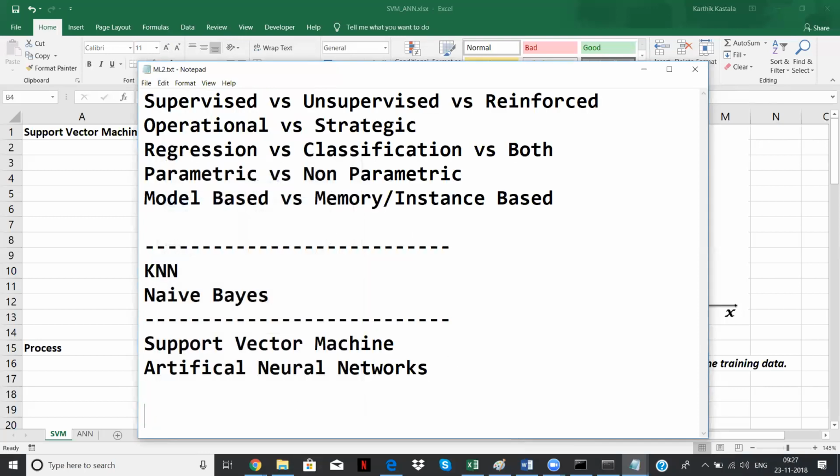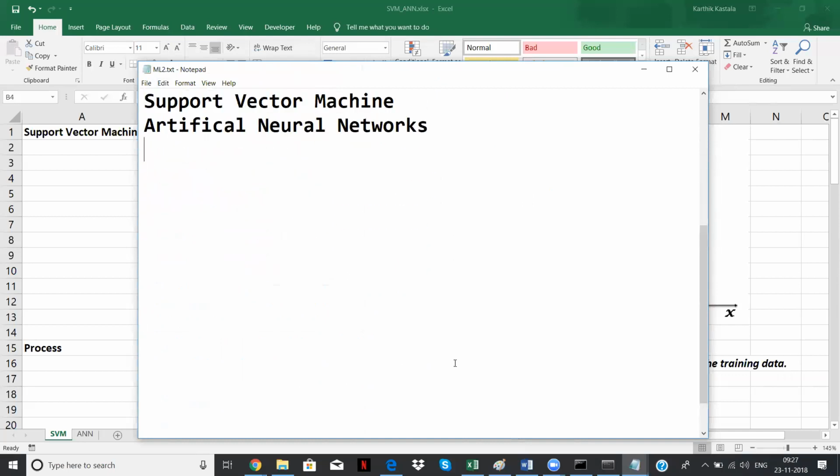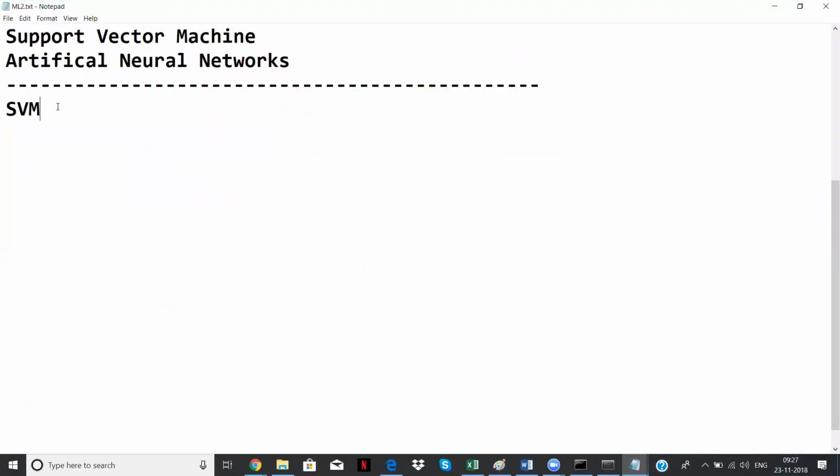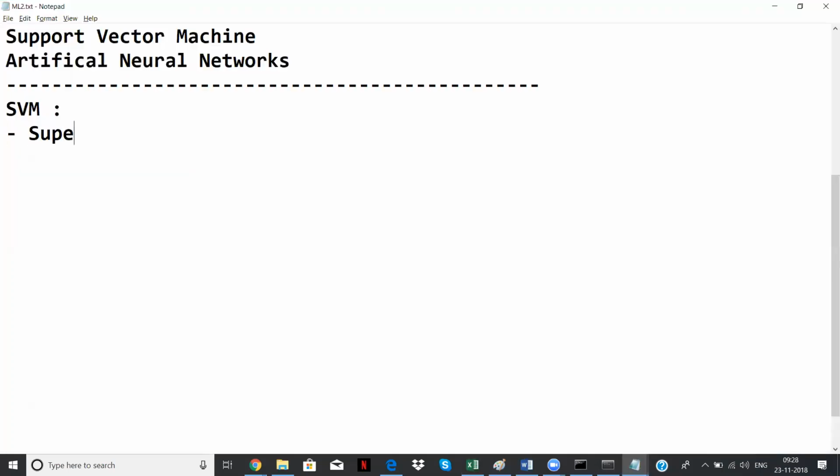All right. Now, let's begin with SVM, the support vector machine. This algorithm is one of the supervised algorithms. So, as the features of supervised algorithms go, SVM is based on some derivative variable.